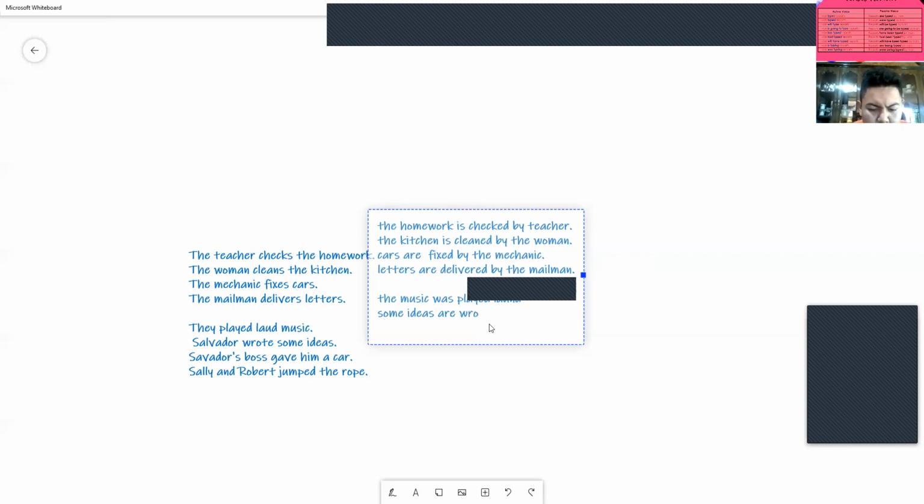What is the past participle? Otro participio de write. What is the past participle of write? Write is in present. Wrote is in past. What is the past participle?